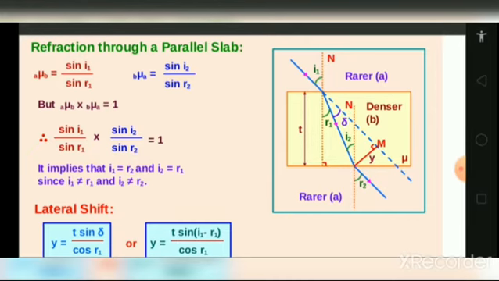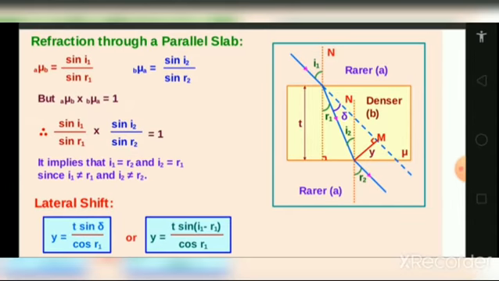It is clear from the figure that n21 is equal to 1 upon n12. Thus, you can say that your emergent ray is parallel to the incident ray, but due to refraction it is shifted by some amount. Such deviation of an incident ray is called a lateral shift.